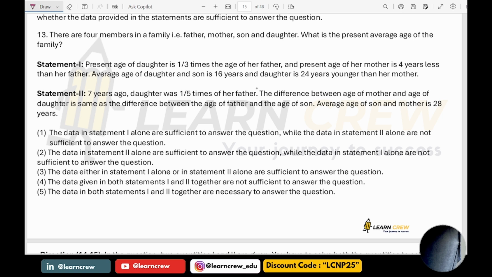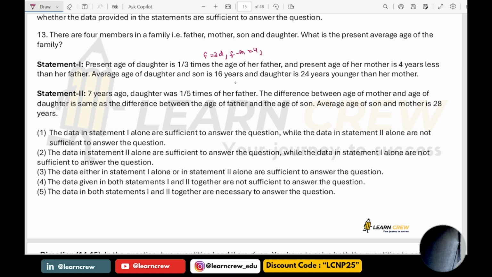So what is given here? The present age of the daughter is 1/3 of the father, so you can say father is equal to 3 times the daughter. The present age of the mother is 4 years less than the father, so father minus mother is equal to 4.